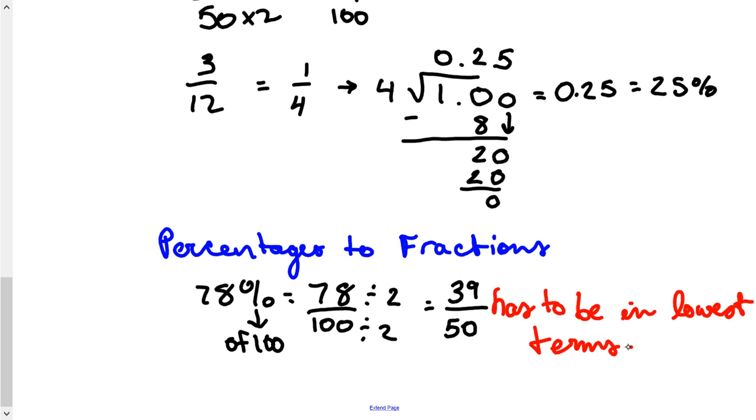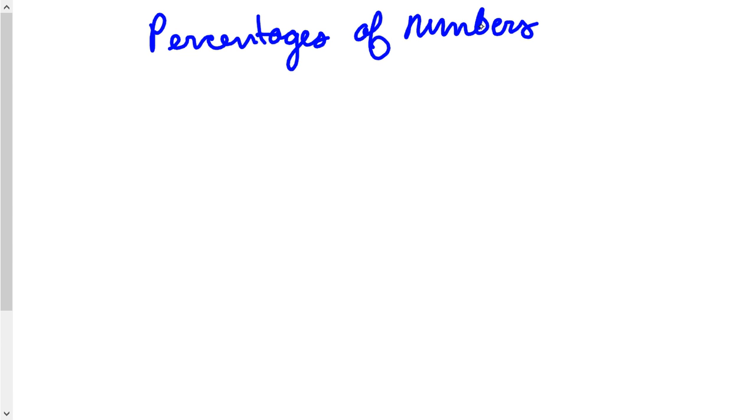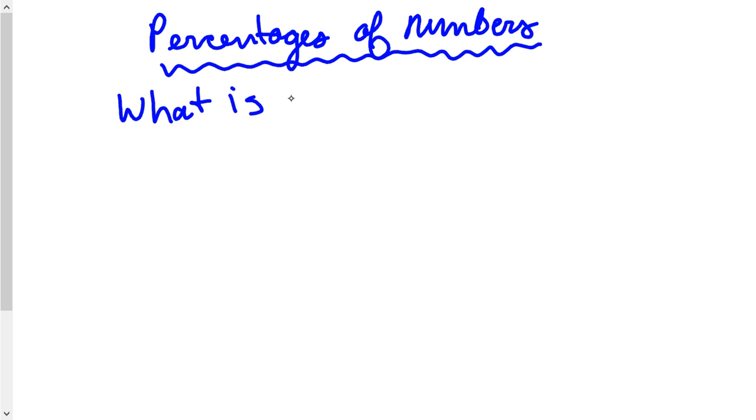Then we need to learn how to figure out percentages of numbers. So this is really useful when we're trying to find out how much something is discounted at a store. So for example, let's do what is 37% of 200.